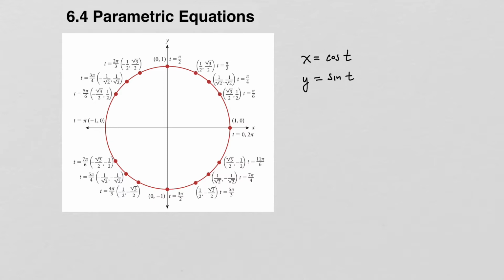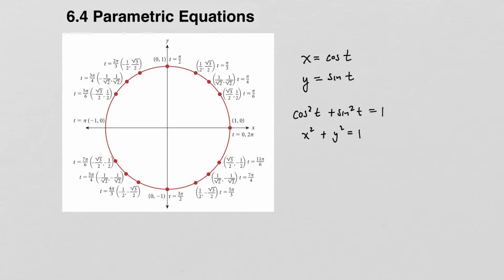And we know that cosine squared of t plus sine squared of t is equal to 1. And if we know that cosine of t is equal to x, then cosine squared of t would simply be x squared. And if sine of t is equal to y, then sine squared of t would be y squared.